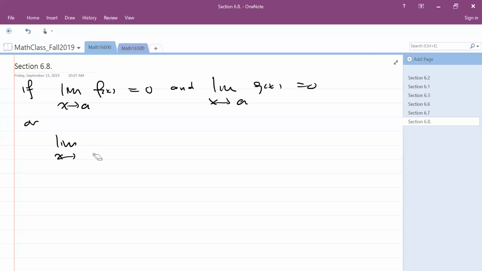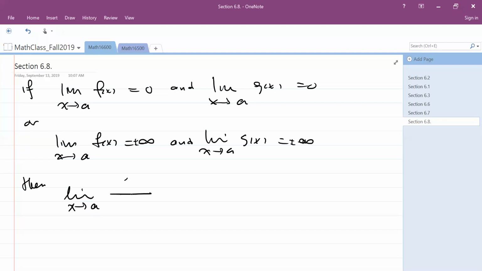The same a could be infinity. Infinity could be plus or minus, it doesn't matter, as long as they have the same sign.